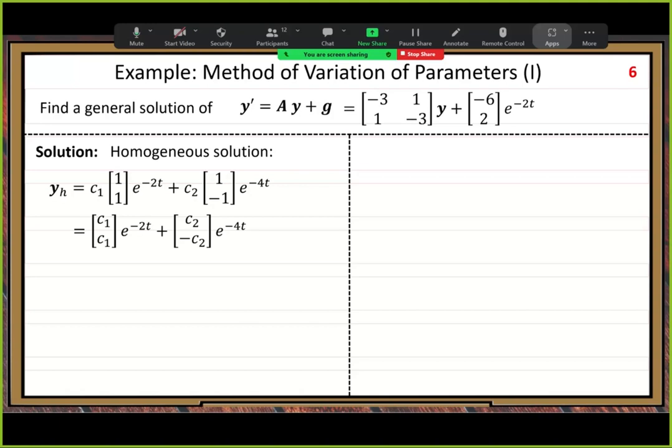For the homogeneous version, we use constant coefficients. Constant. No t variable involved. But when we move to non-homogeneous, we use variable coefficients. That's the significant change.